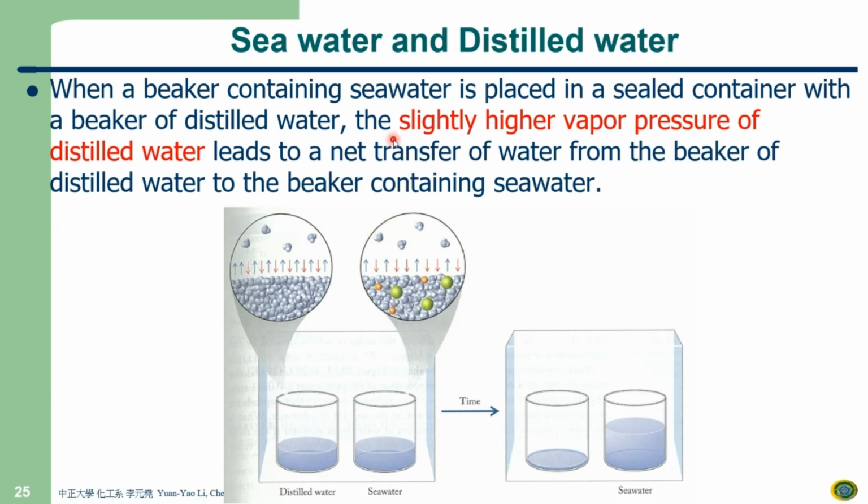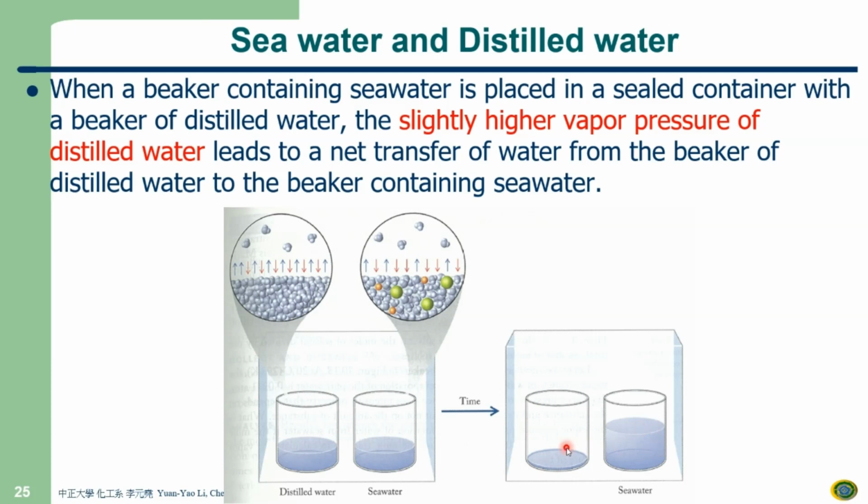The slightly higher vapor pressure of the distilled water leads to a net transfer of water from the beaker of distilled water to the beaker containing seawater. So as time goes by, you will see this container has less water, and this container, which has the seawater, has more.